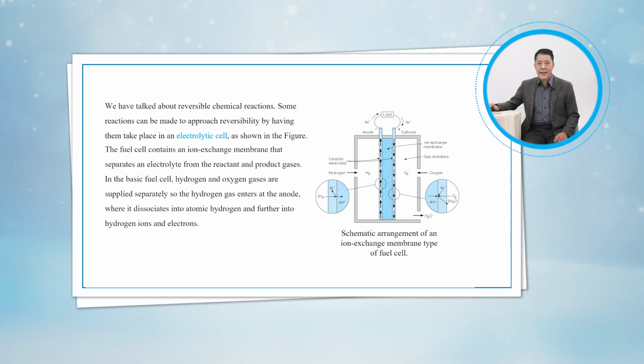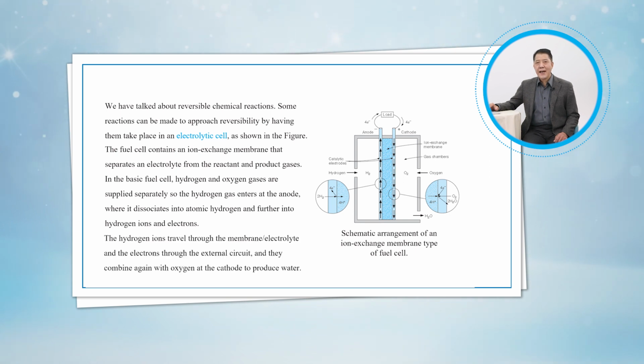The fuel cell contains an ion exchange membrane that separates an electrolyte from the reactant and product gases. In the basic fuel cell, hydrogen and oxygen gases are supplied separately, so the hydrogen gas enters into the anode, where it dissociates into atomic hydrogen and further into hydrogen ion and electrons.